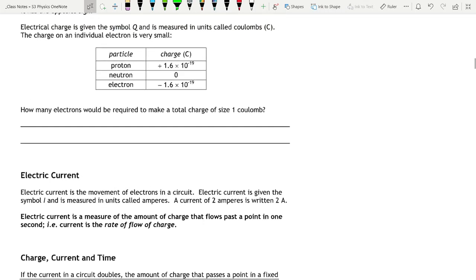To find out how many electrons would be in a certain amount of charge, you would use this. So number of electrons, that's my shorthand way of writing electrons. If you were given 3 coulombs, to find out how many electrons were in that, it'd be the charge divided by the charge on 1 electron.